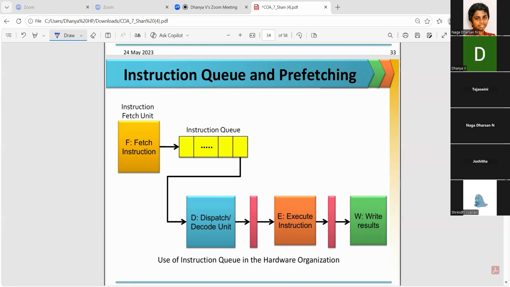So let's just consider one example. Let's say you have the following data in your cache.